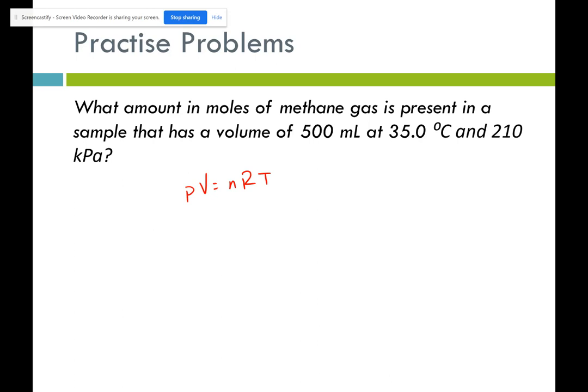Now remember, we said volume needs to be in liters, temperature needs to be in kelvins, and pressure needs to be in kilopascals. So good news is we can use our pressure as it is, but we do need to still convert our volume and our temperature. So we'll start off by converting my temperature. We know we have to add 273.15. So let's put that in my calculator.